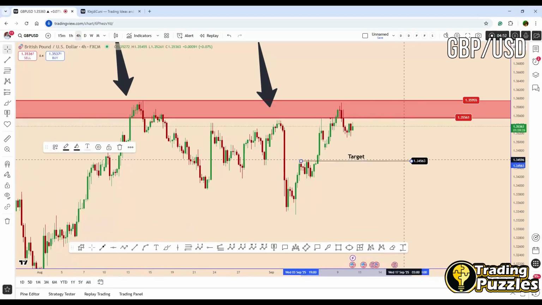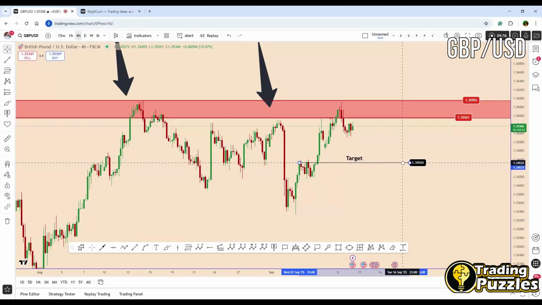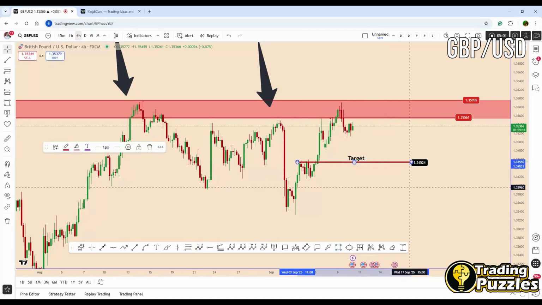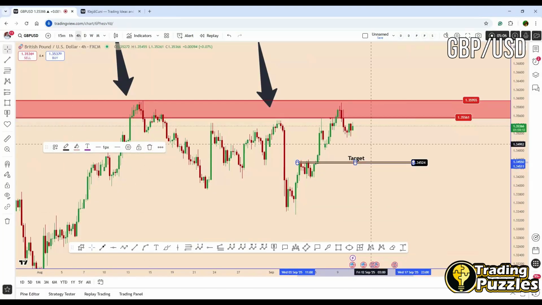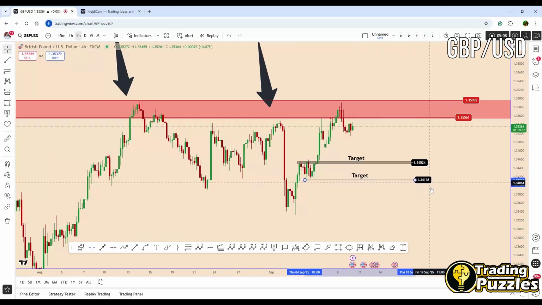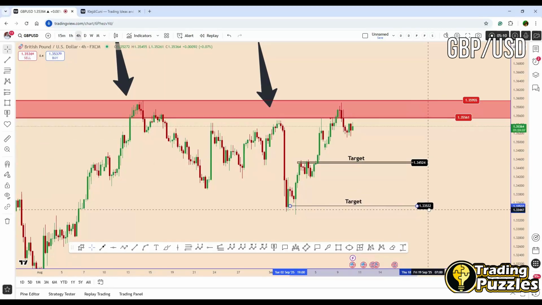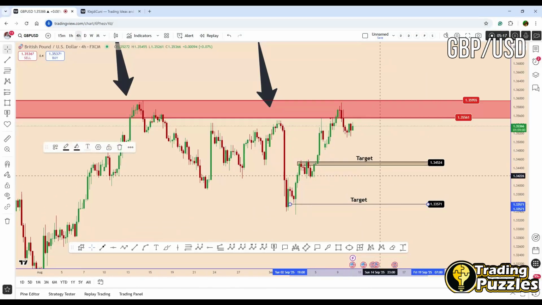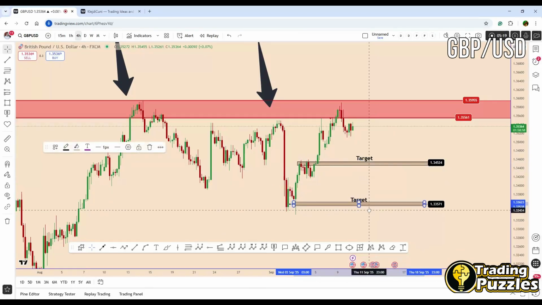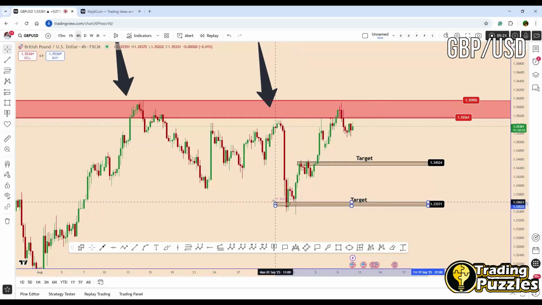However, from the current conditions, what I'm looking at is that the price may drop in this area here, near 1.3450, which is also a strong support zone. This is the first one that we are looking at for the target area. And another one that I think would be of very high importance could be near 1.3350, given that the previous time the shadows of the candles also tested all this zone.